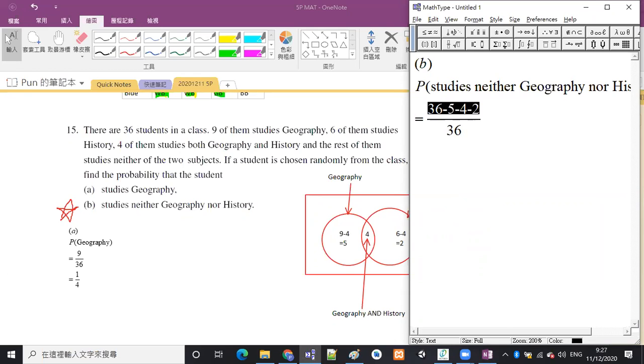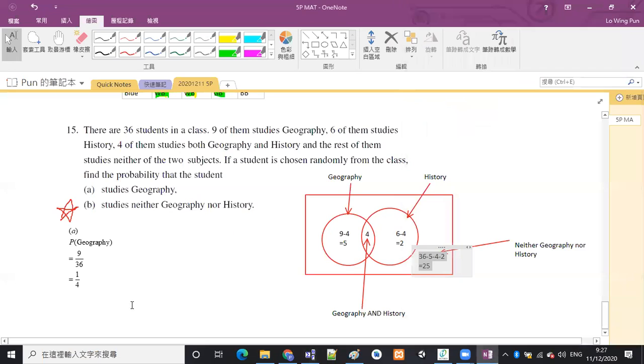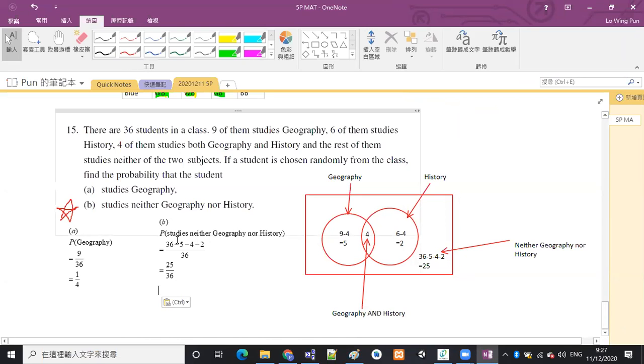Okay? So that will be 25 over 36. And this is the answer of part B. Is that okay?